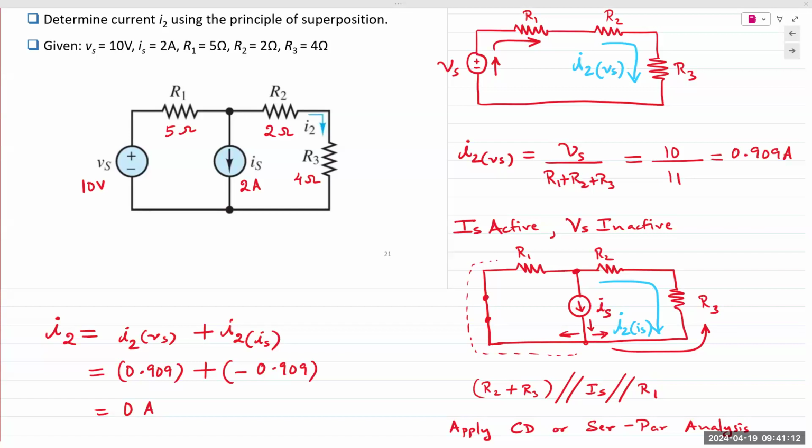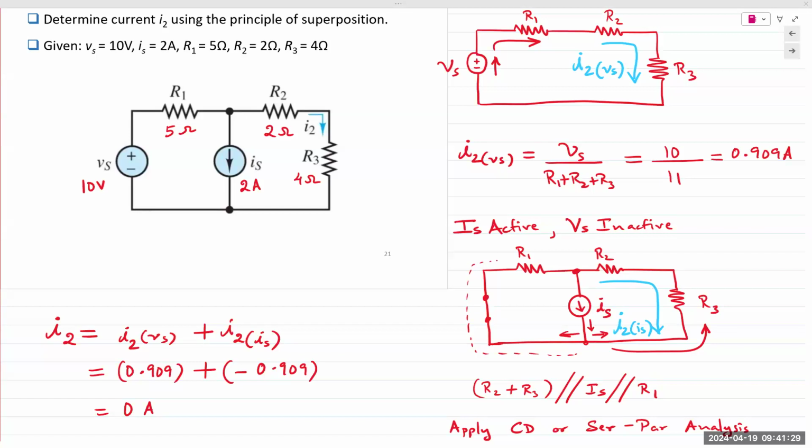Any questions about the process, the setup? Again, every circuit is different, so it doesn't matter which circuit it is. You can apply superposition to that circuit, the circuit will change. And then how you analyze it or find the result is up to you. Okay, and every circuit is different.